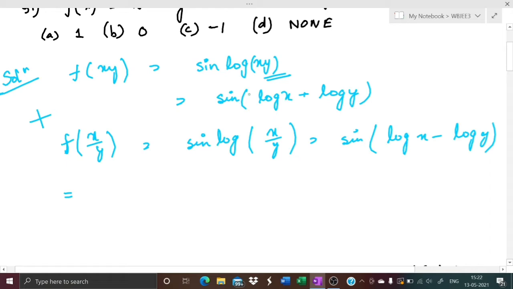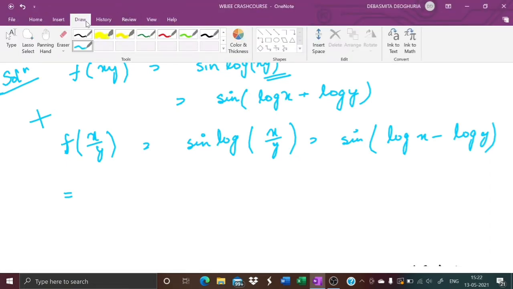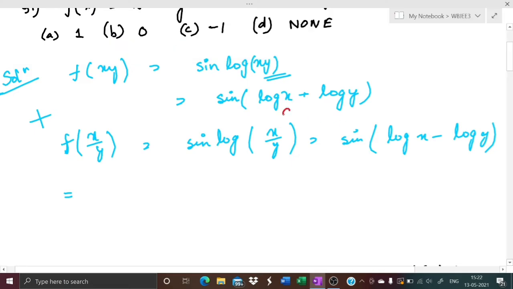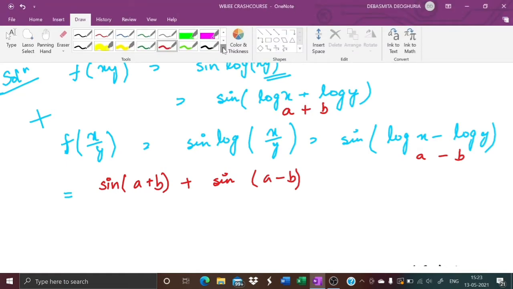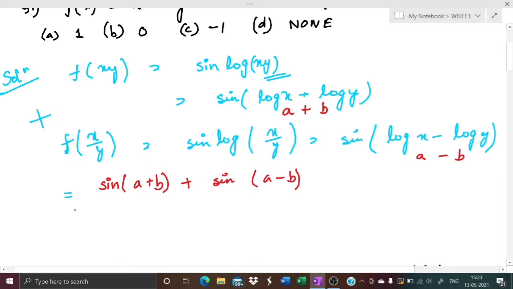We will get sine, let this be A and this is B, so we will be getting sine A plus B plus sine A minus B. Now by transformation formulas that you have read, this is equal to 2 sine A cos B, because sine A plus B is sine A cos B plus cos A sine B, and sine A minus B is sine A cos B minus cos A sine B. So the second term gets cancelled and you get 2 sine A cos B.